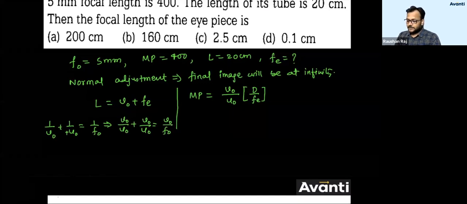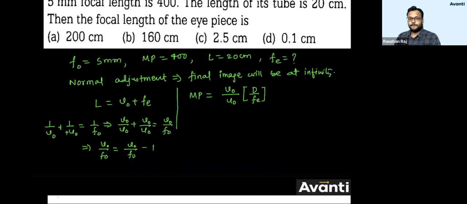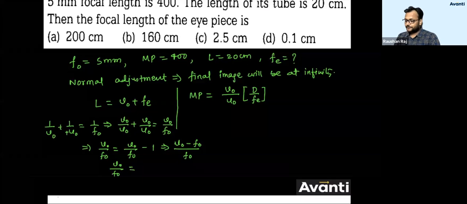So from here, I would get V naught divided by F naught is equal to V naught by F naught minus 1. Clear है? चलो. It can be written as V naught minus F naught divided by F naught. So finally, V naught by F naught can be written as, if I put the value of V naught from here, V naught can be written as L minus Fe.